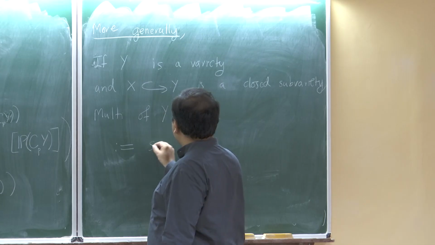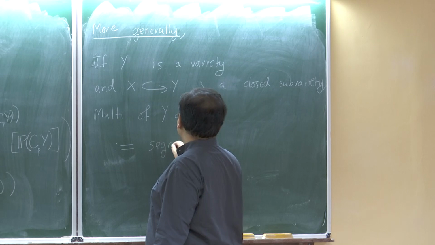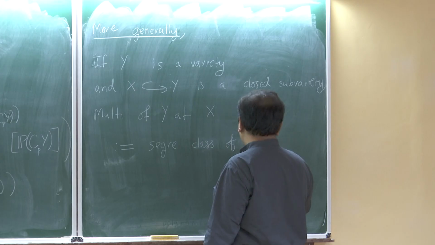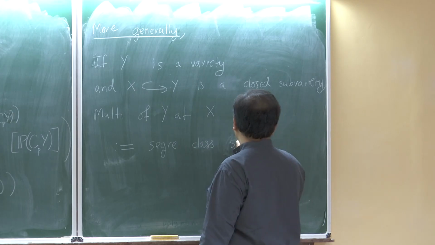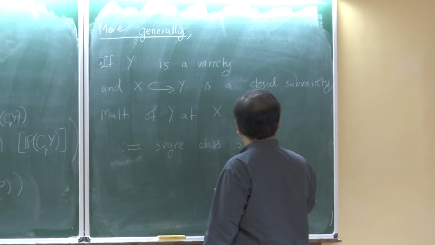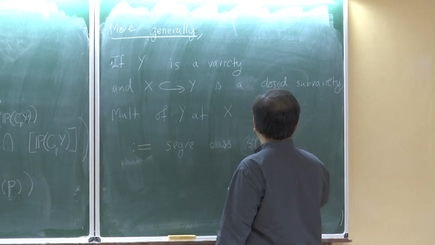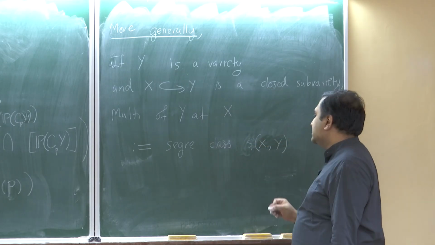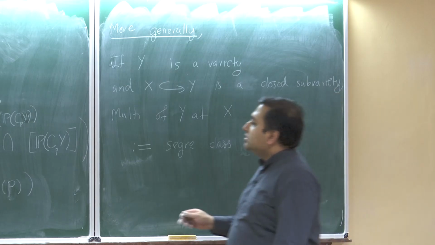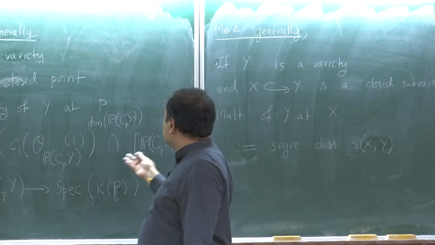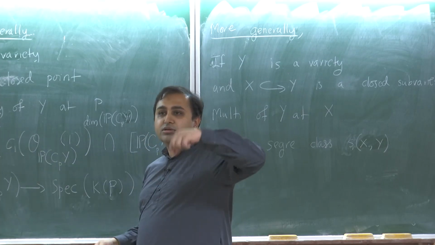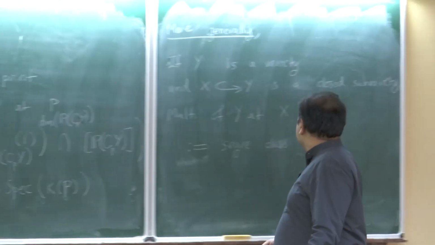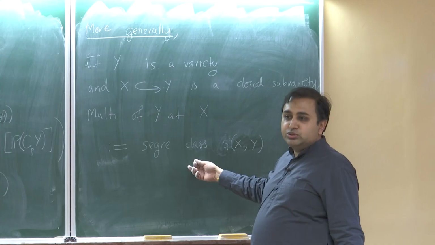So this should be equal to the Segre class s of X in Y. What I really mean is that I don't want to do this entire calculation. I really want to take the fiber of this picture over the generic point and then do the calculation. Can you tell me what I should do here?